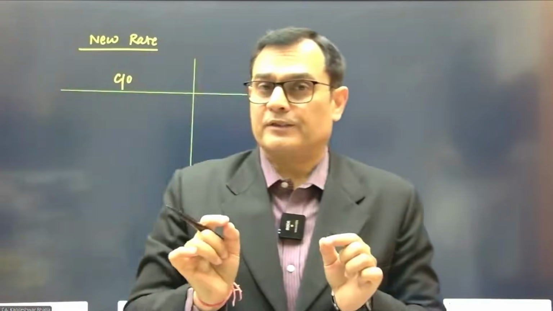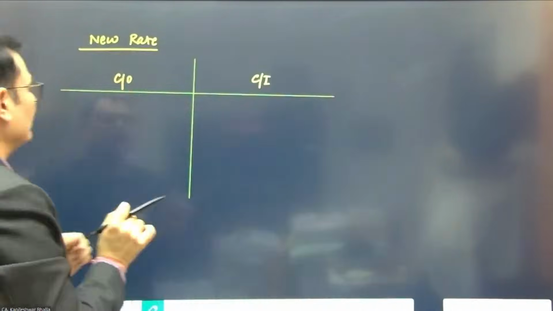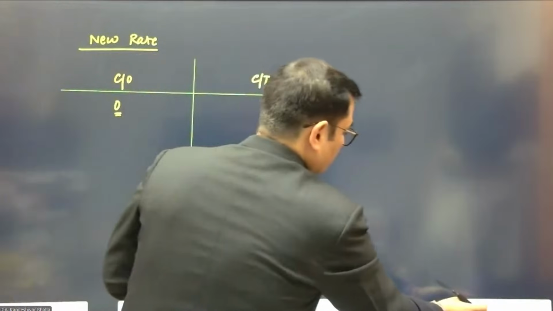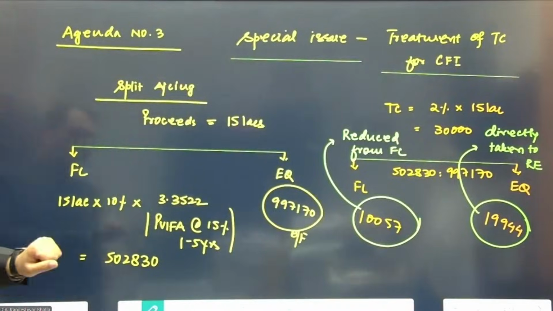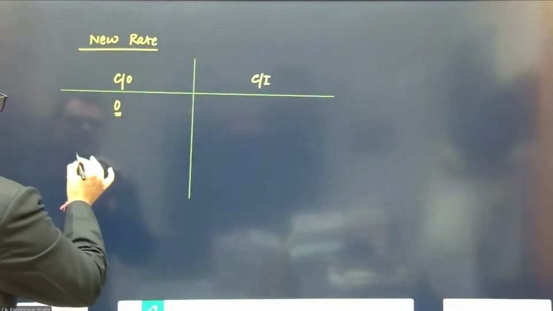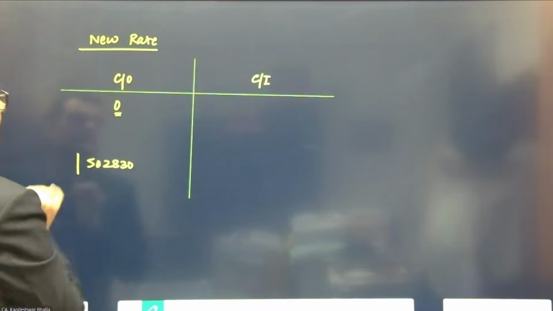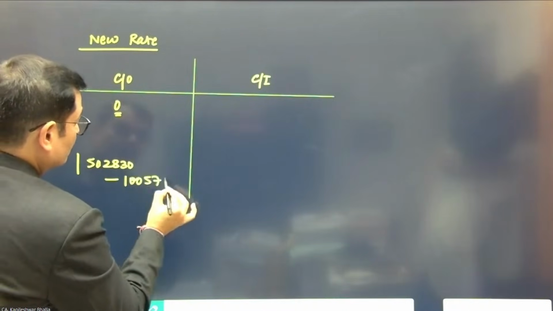So when I say I'm going to look at things from the investor's perspective, number one, at 0 point of time, from the investor's point of view, only for the FL, we can say he invested this money, 502,830. And we said we net off the transaction cost from here.